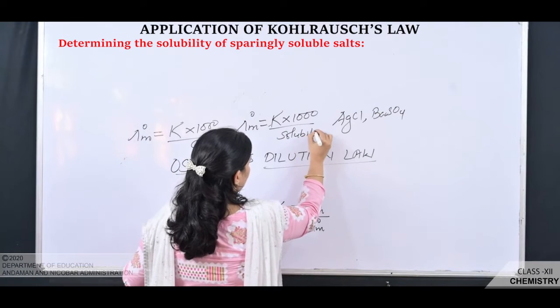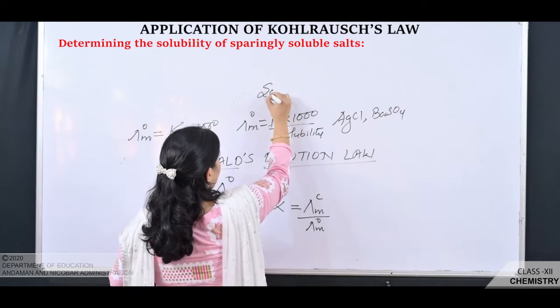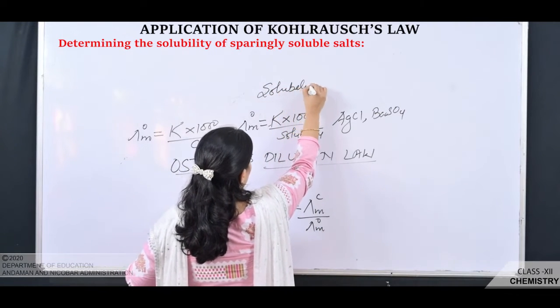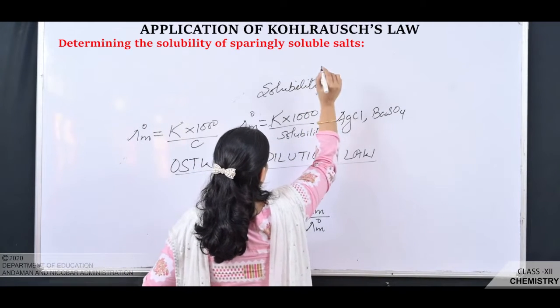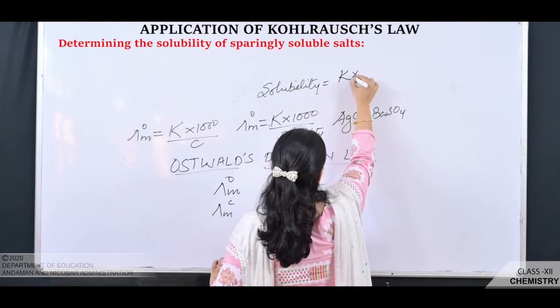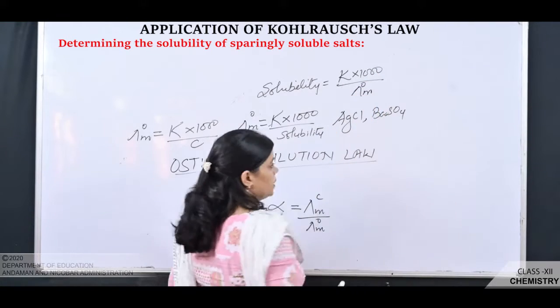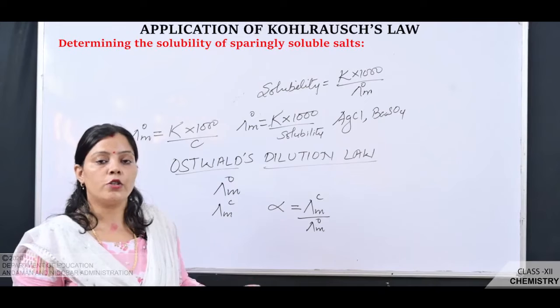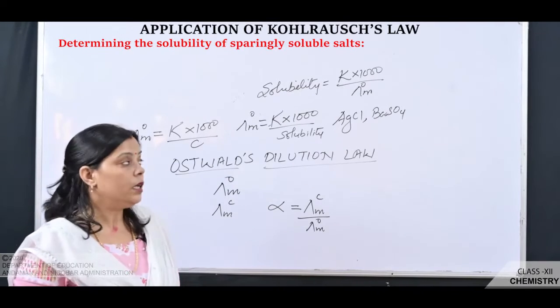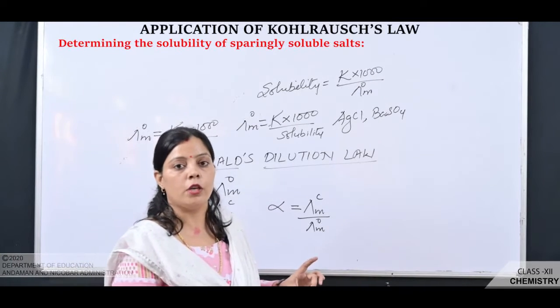Then what is solubility? Solubility is equal to conductivity into 1000 by limiting molar conductivity. In this way, the Kohlrausch law is helpful in determining the solubility of sparingly soluble salts.